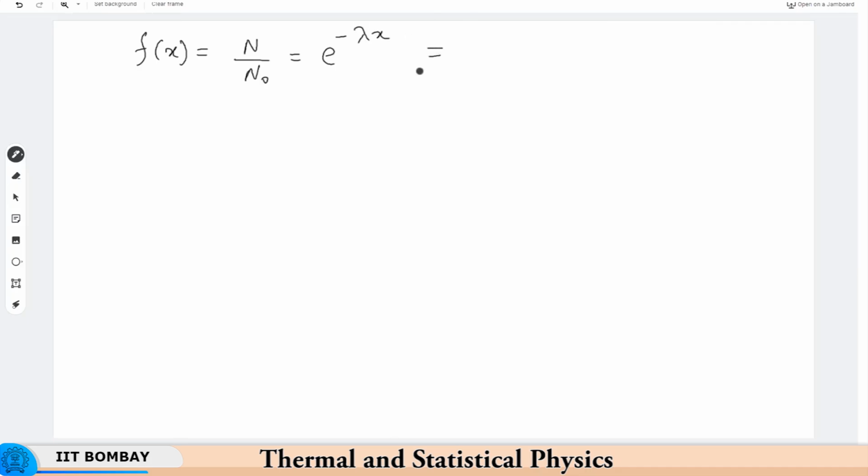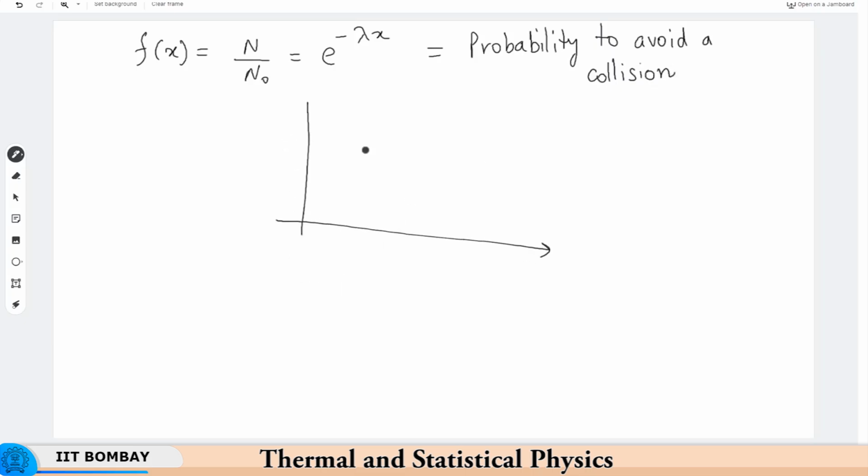And this is basically the probability to avoid a collision. And we can also plot it. It is a simple exponential function. So, you have f of x and this is x, and this just decays exponentially.